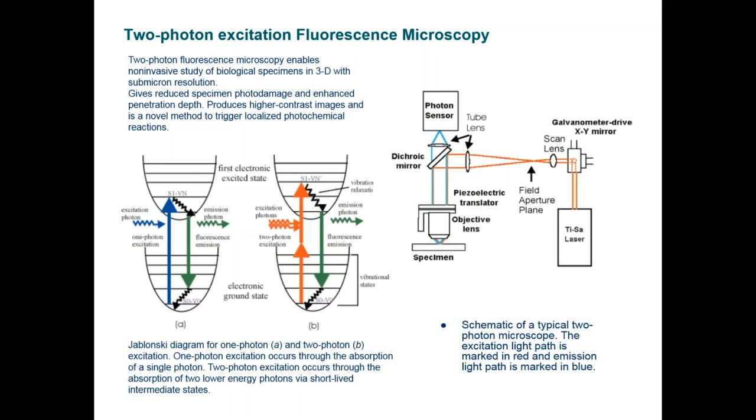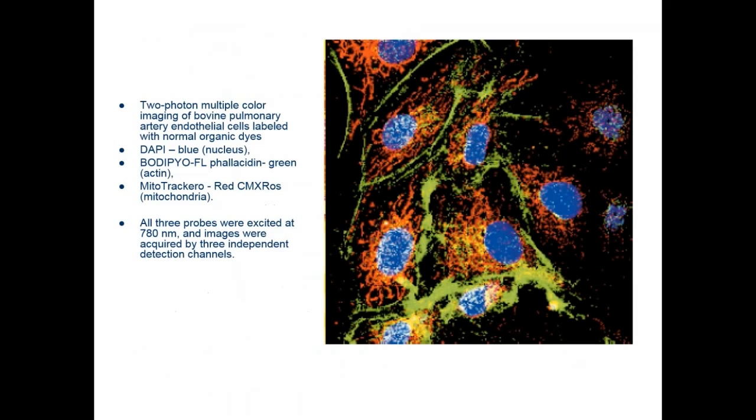mechanics of this further, except that in this particular image, you can see endothelial cells that have been labeled on different parts of the cell, from the cytoplasm to the nucleus to the actin and mitochondria, and then intercellular matrix.